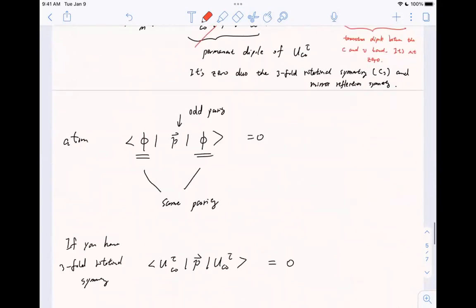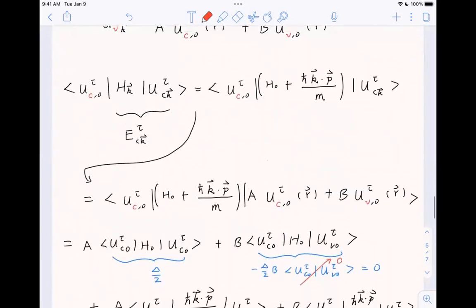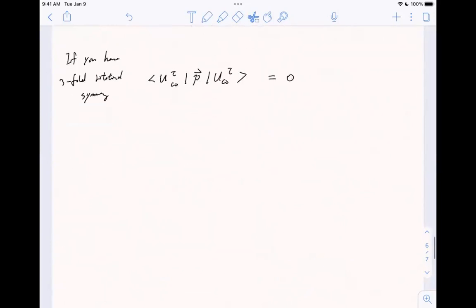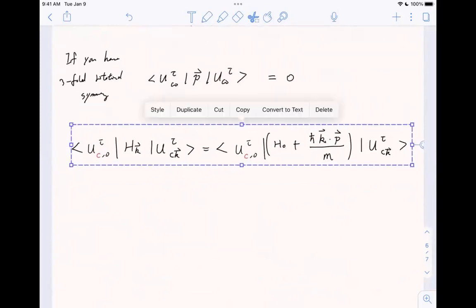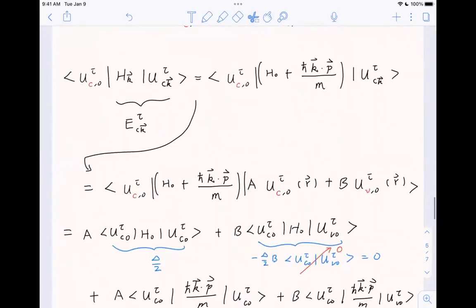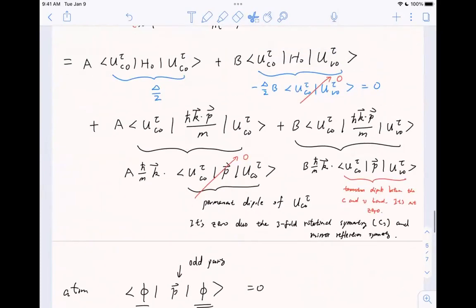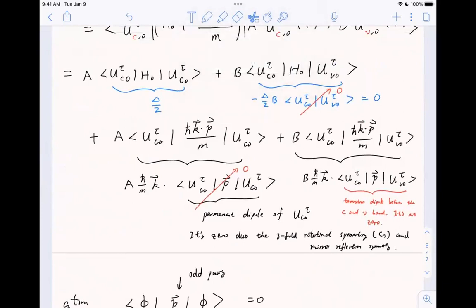So we just copy this. Then on one side, you have this, and on the other side, you have all this big chunk of stuff.